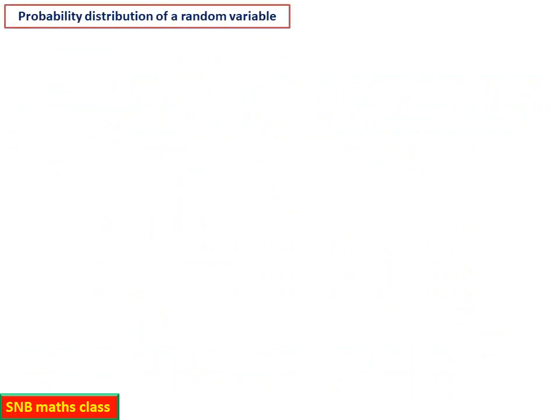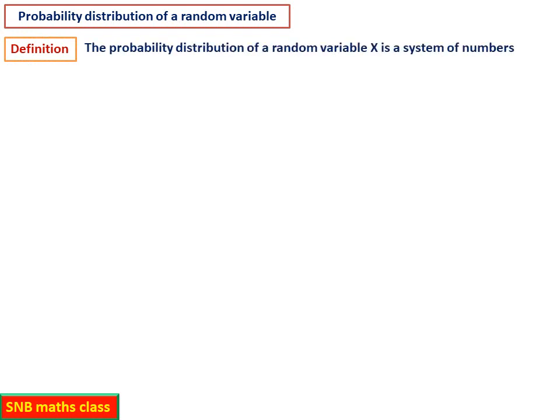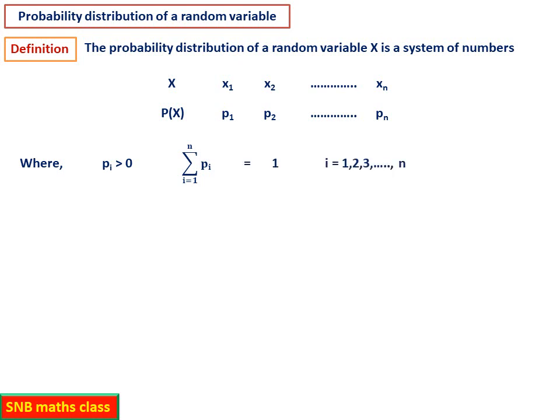Now let us define the probability distribution of a random variable. The probability distribution of a random variable x is a system of numbers, x taking the values x1, x2, ..., xn, and p of x taking the corresponding probabilities p1, p2, ..., pn, where pi is more than 0. Please note, probability should be more than 0, and sigma pi is always 1, with i of course from 1 to n.